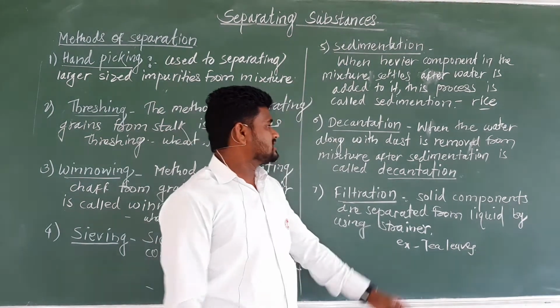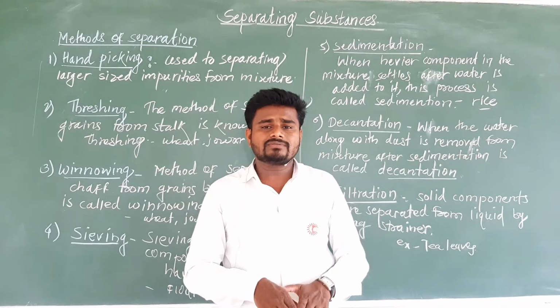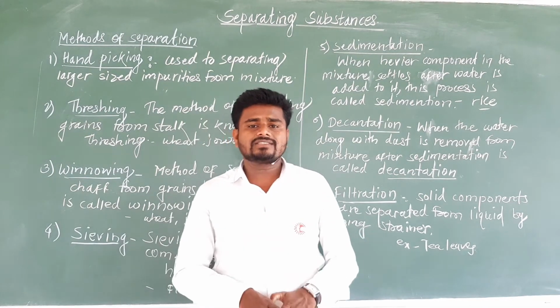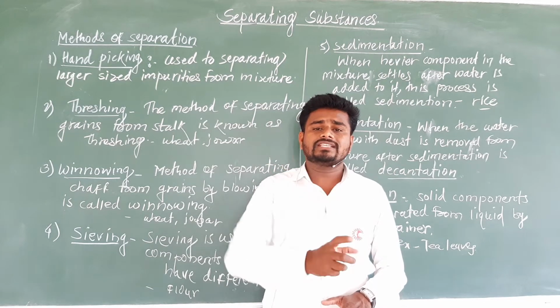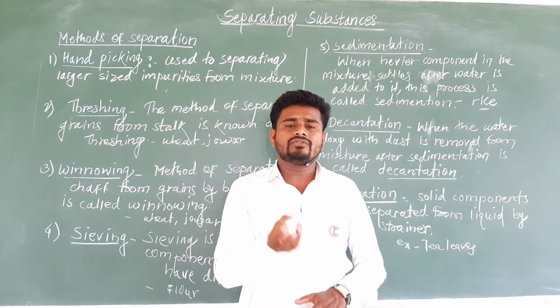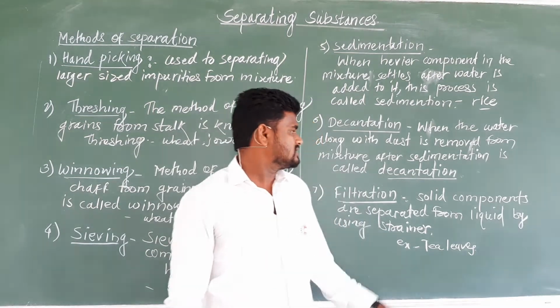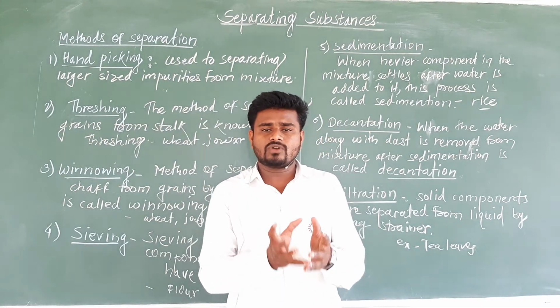The next process is decantation. After the heavier rice settles down, removing the water along with the dust from that mixture is called decantation. Now what have we done to remove dust from the rice?